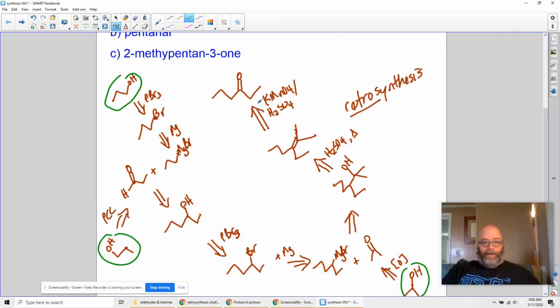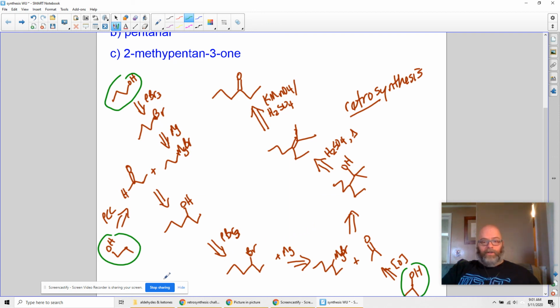You could end up with an alcohol here and just oxidize it, instead of an alkene that you cleave. You could start with a triple bond and use a cleavage reaction, something like that. Any of those options are available. You just can't use this exact same retrosynthesis.